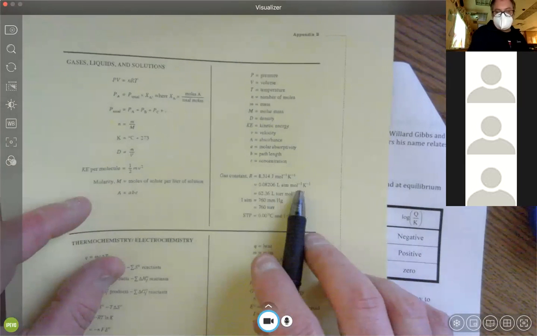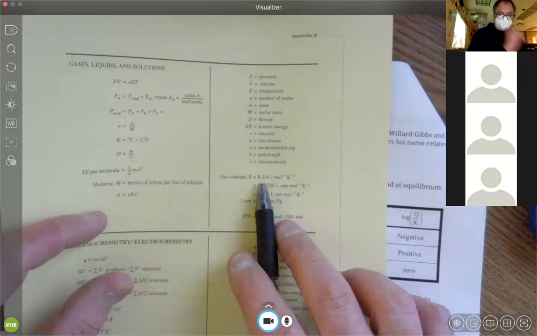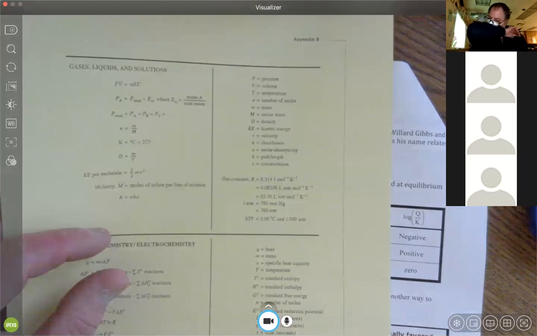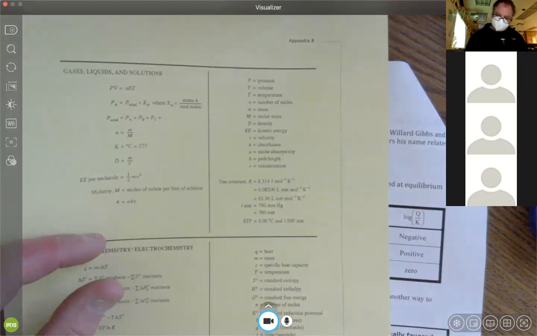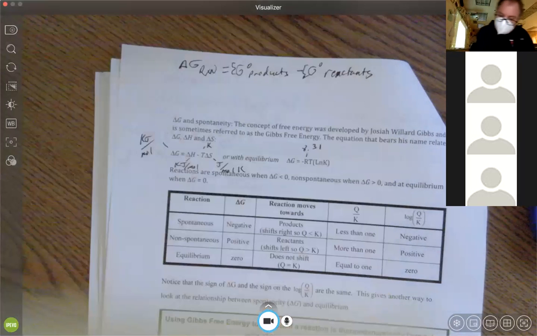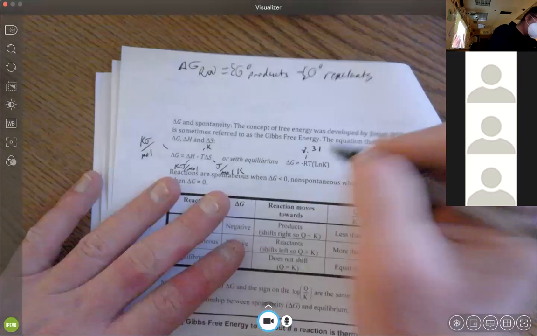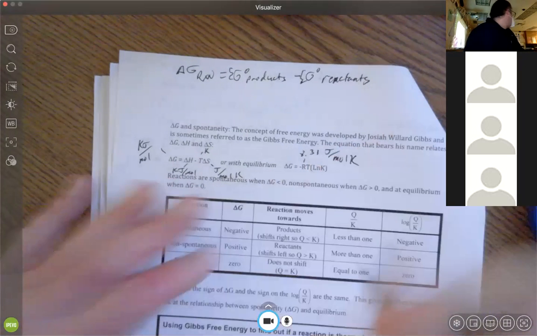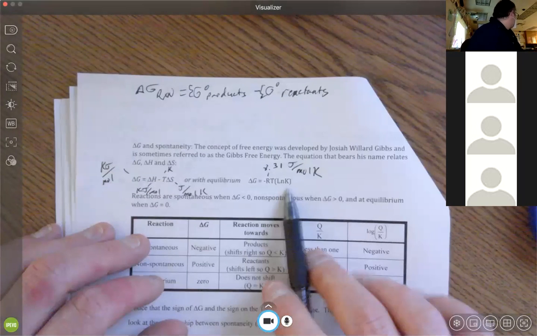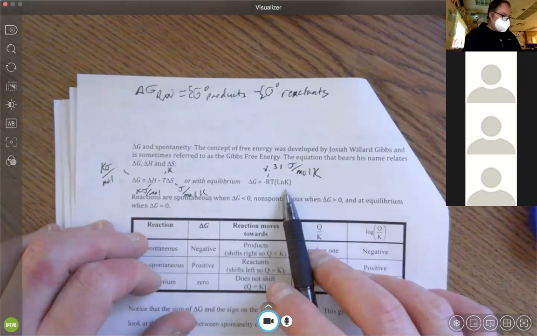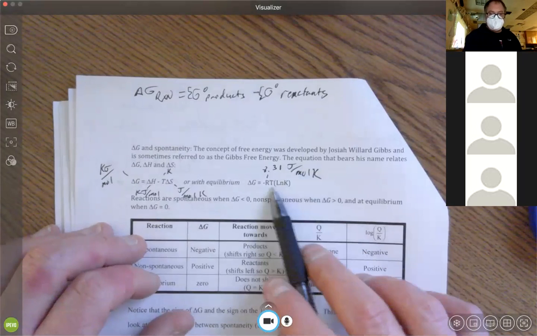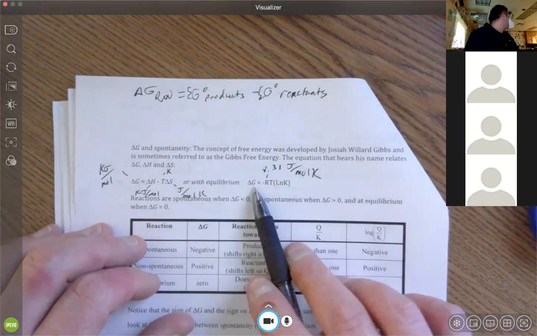This is the R constant when you're dealing with Gibbs free energy. So the units for that are 8.31 joules per mole Kelvin, which makes sense because we usually talk about K not having units, so if we take the natural log of that, no biggie. And then since the T here is in Kelvin, that will give us our delta G in joules per mole, which we could then convert to kilojoules per mole.